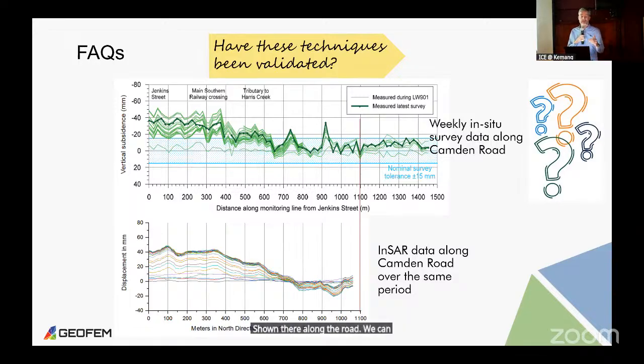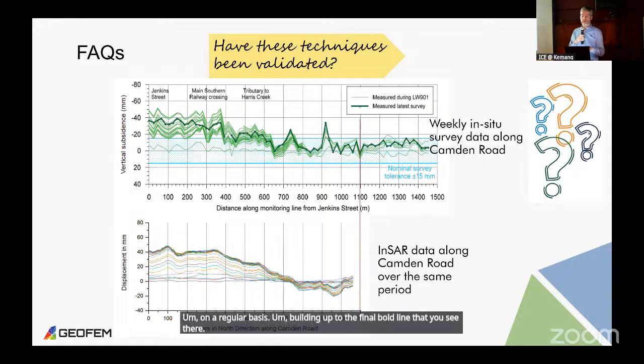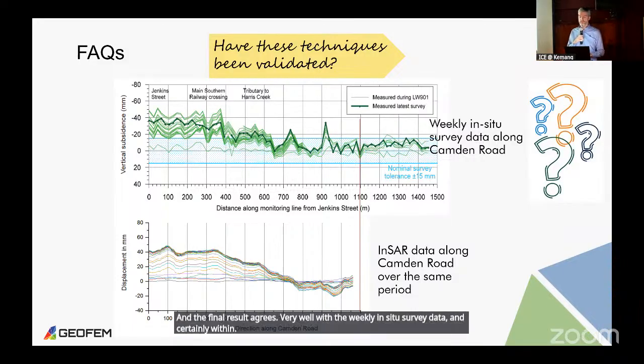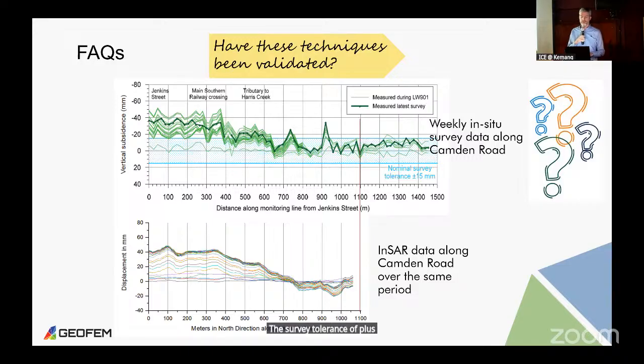We have compared that directly with the InSAR displacement data on a regular basis, building up to the final bold line that you see there. And the final result agrees very well with the weekly in situ survey data, and certainly within the survey tolerance of plus or minus 15 millimeters.